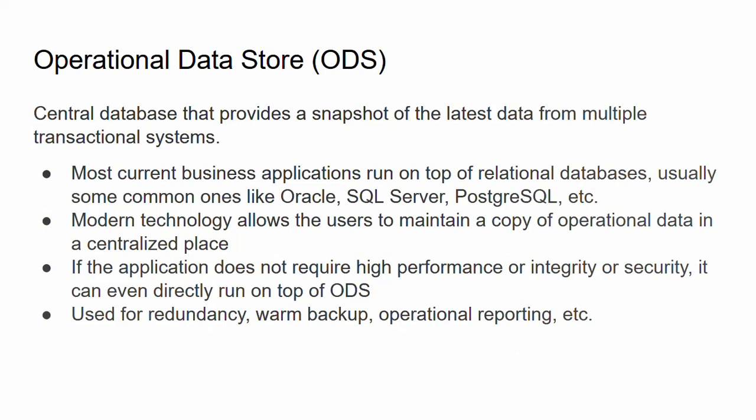So usually ODS does not contain all the historical data, but as we just said before, there are some ODSs that were specifically designed to hold historical data. So this is not a strict line, but more a real division between ODS and the data warehouse.